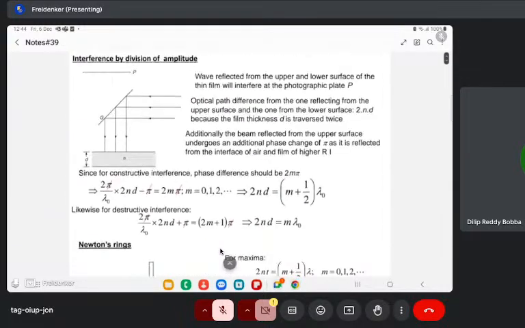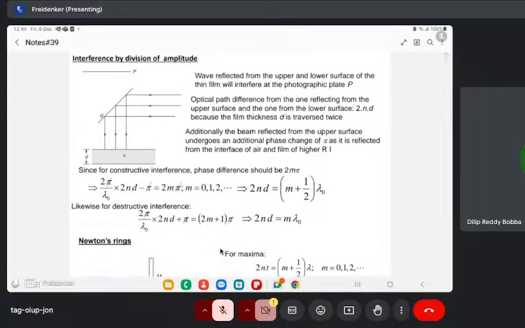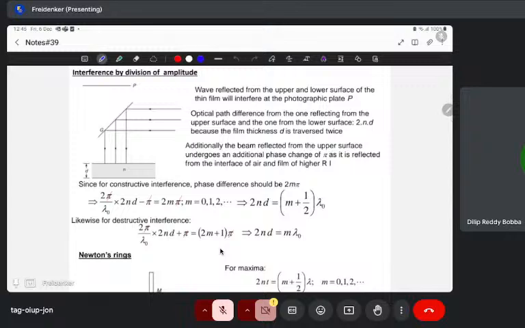Interference by division of amplitude. Division of amplitude is basically when you do this, some part gets reflected. Here some reflection will happen.